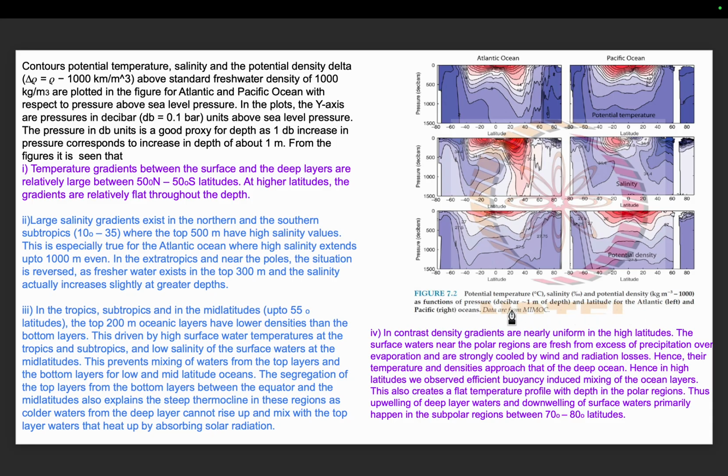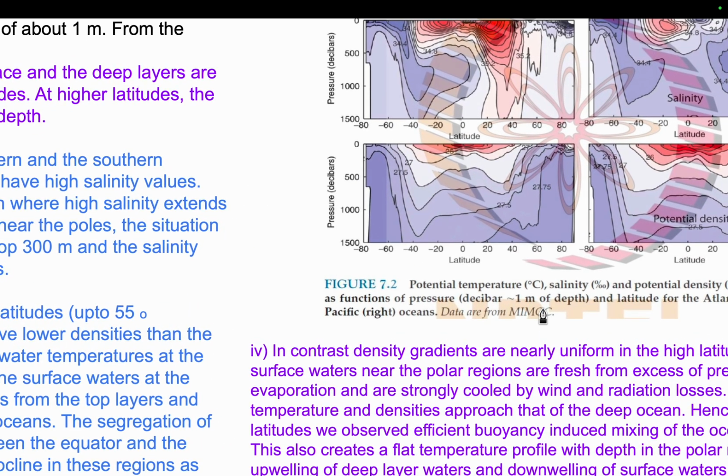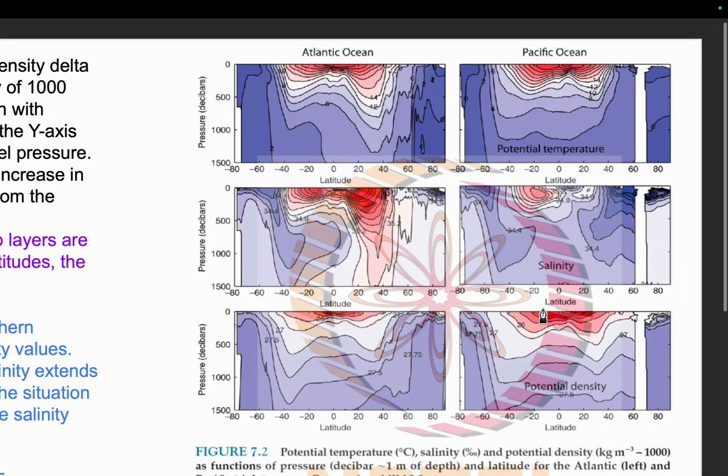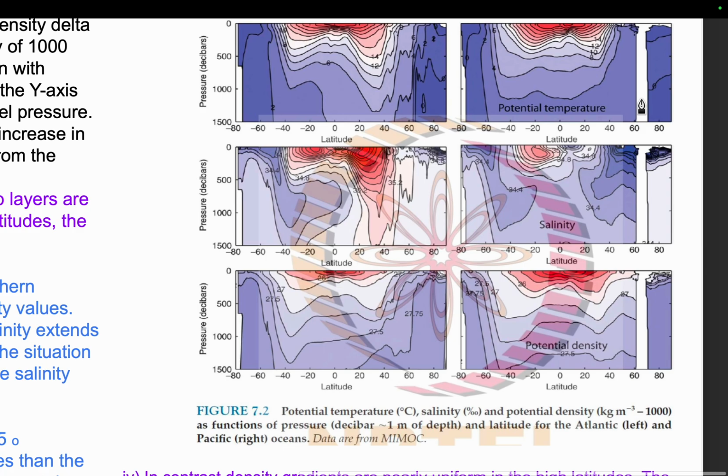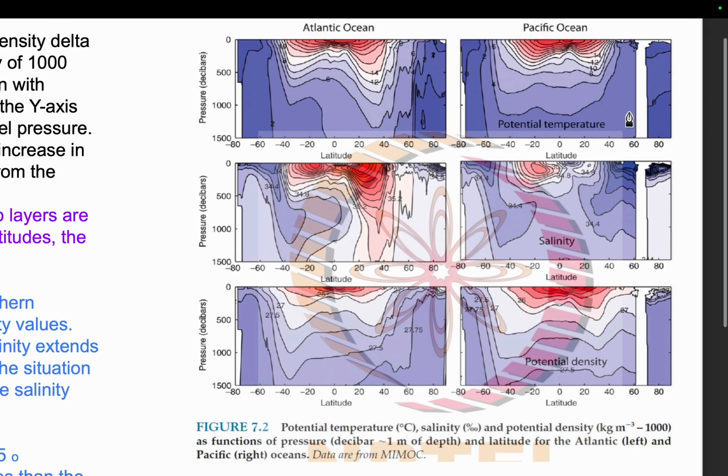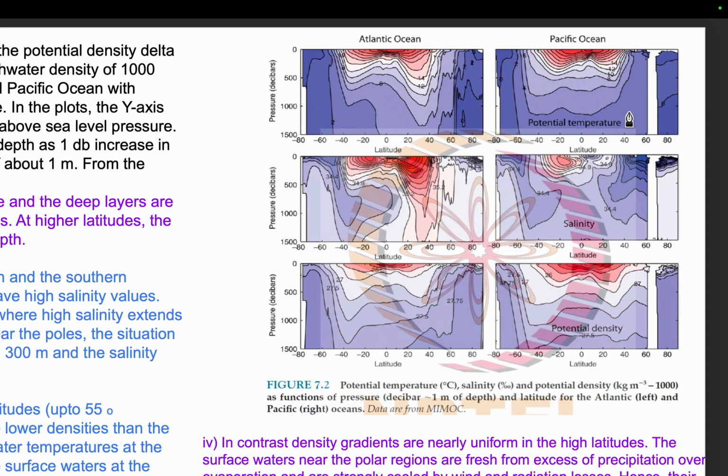Here the potential temperature has been shown with degree Celsius contours, and the salinity is given in percentage, and the potential density has been given with the kg per meter cube SI unit, and the pressure has the unit of decibar, where 1 decibar is equivalent to 1 meter of depth, and the latitude for the Atlantic is given usually in degrees.